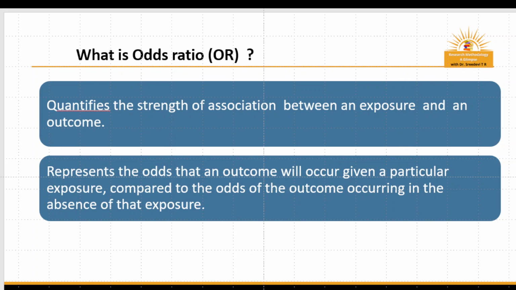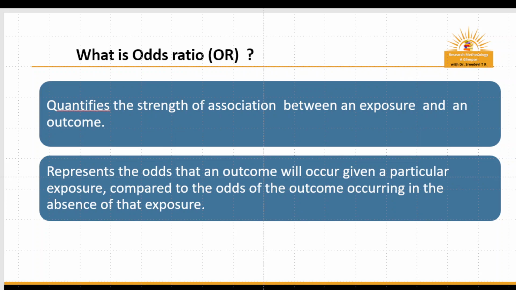OR represents the odds that an outcome will occur given a particular exposure compared to the odds of the outcome occurring in the absence of that exposure. That is, outcome or disease if there is an exposure or risk factor compared with outcome or disease in the absence of an exposure or risk factor.